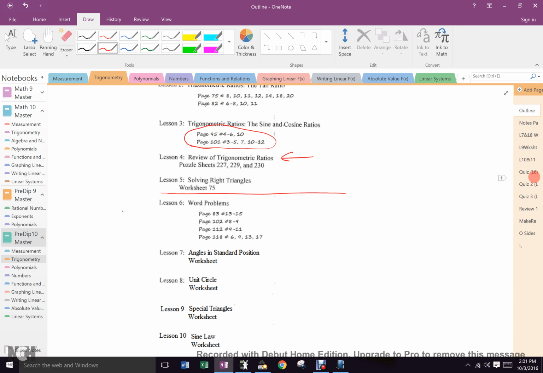There's a bunch of work there, okay? So what I'm doing is I'm not going to do these puzzle sheets with you guys because in the regular class, trig ends here. Okay? So they are getting a ton of extra practice.